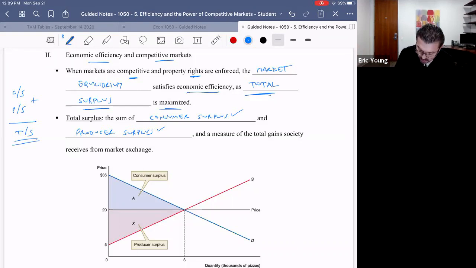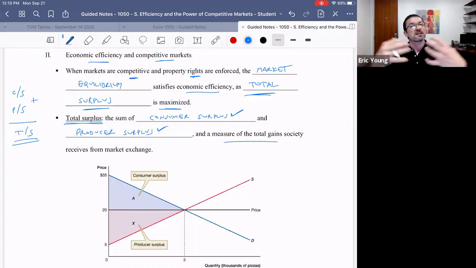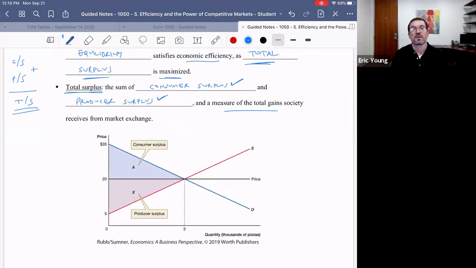Okay, so again, total surplus, a really important idea. It's the sum of the consumer and producer surpluses, and it is basically a measure of the total gains that society as a whole, all the buyers and all the sellers, gets from market exchange. Since total surplus is a critical concept in gains from trade, we believe in economic theory that we always want to maximize total surplus.